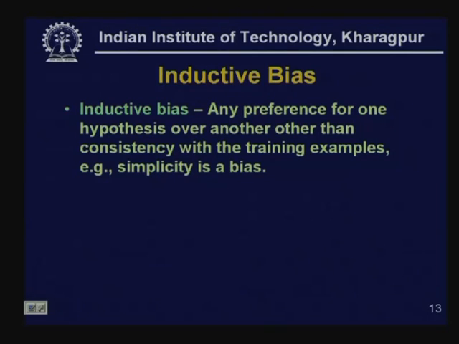The hypothesis that you should choose is the one which has the minimum error, the highest accuracy, but you cannot measure the true accuracy of the hypothesis because you do not have access to all the examples. Therefore, you must use some sort of bias which is called inductive bias. There are many biases which have been used. For example, simplicity of the hypothesis is a possible bias.